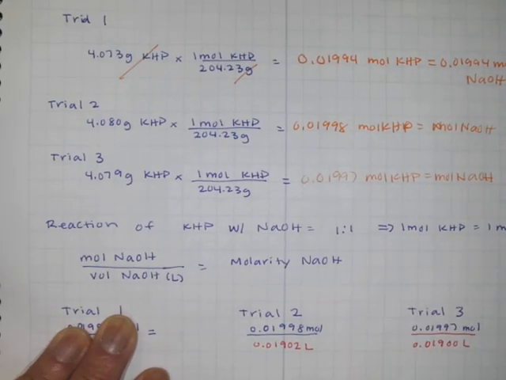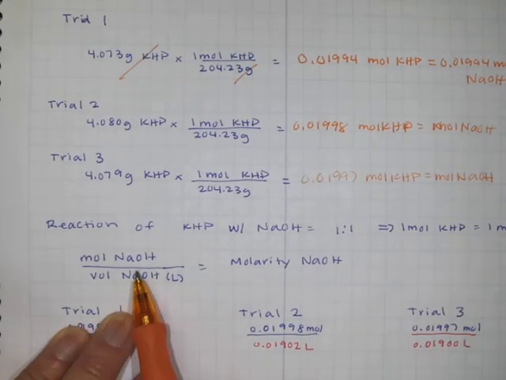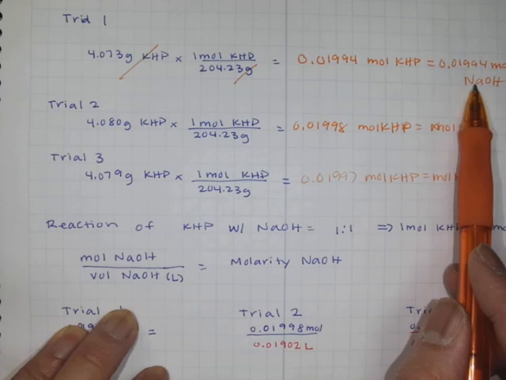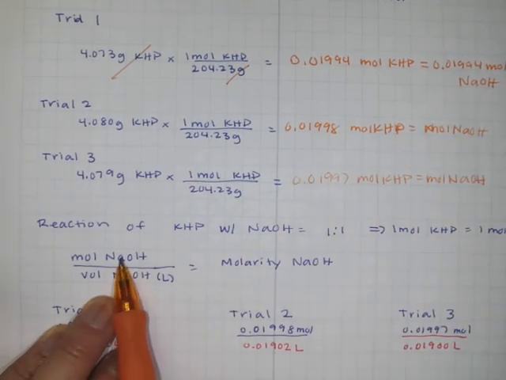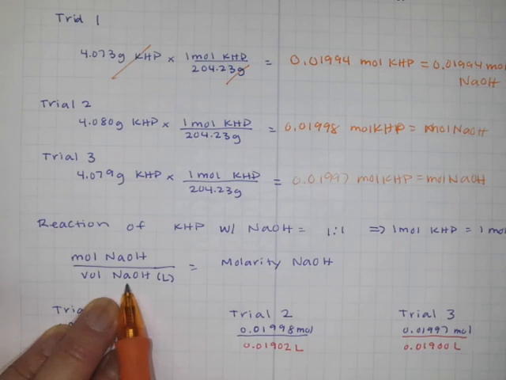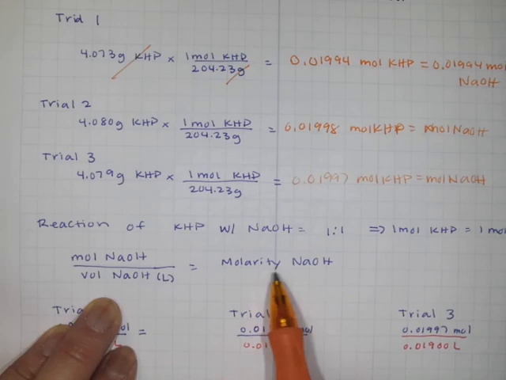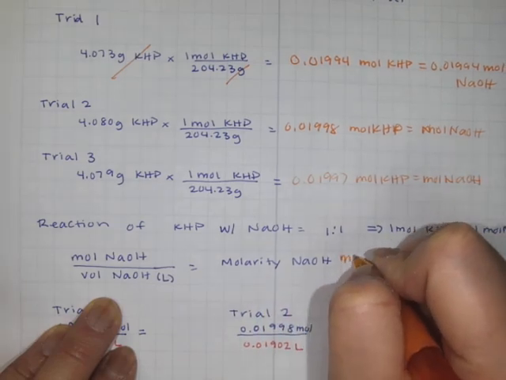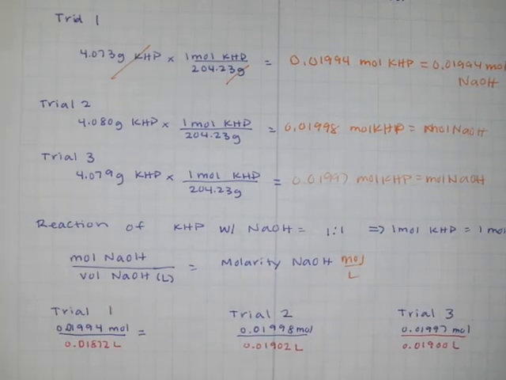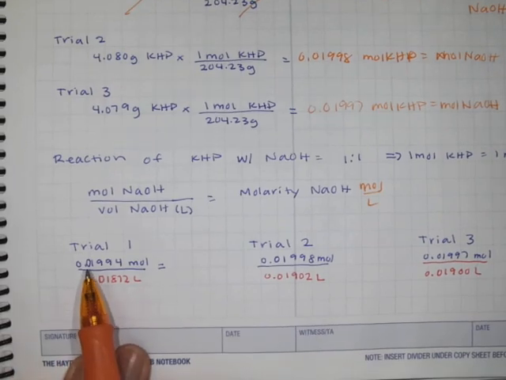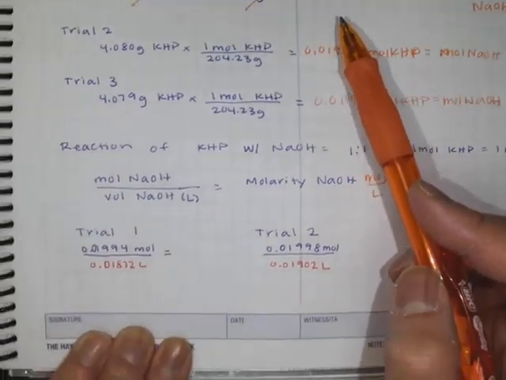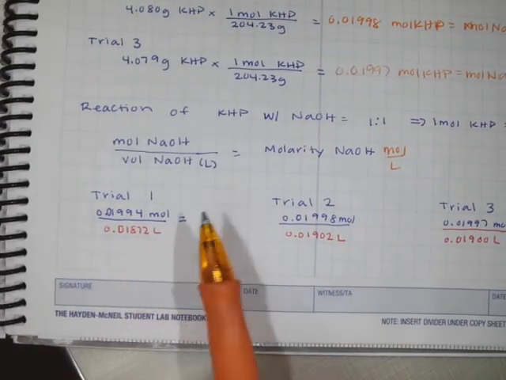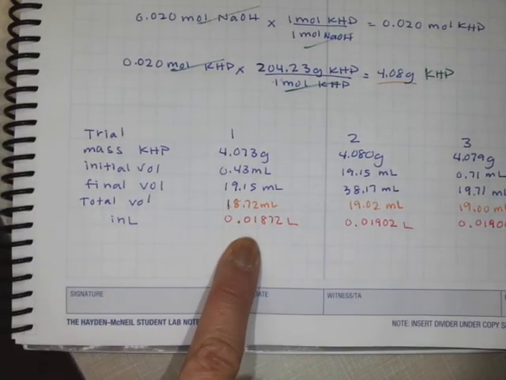To determine the concentration of sodium hydroxide, for trial 1, I take the moles of sodium hydroxide used divided by the volume of sodium hydroxide that I titrated in liters, and that equals the molarity of NaOH in moles per liter. For trial 1, it was 0.01994 moles divided by the 0.1872 liters, the first trial total volume.